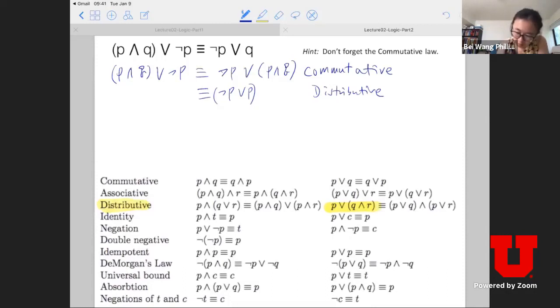Not P or Q. And then AND is in the middle. Now, because the first term here is not P or P, you can use the negation rule, because this is always true, equal to a tautology.